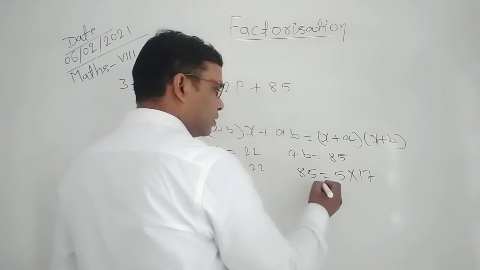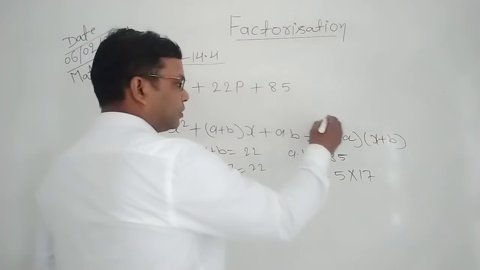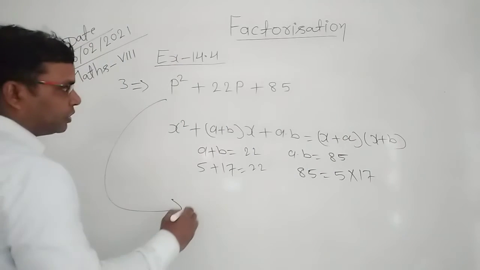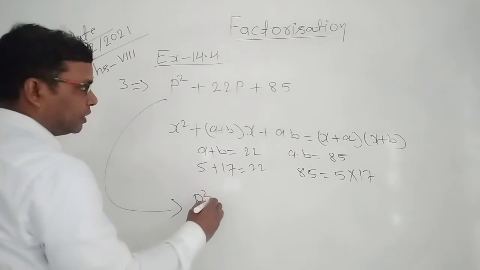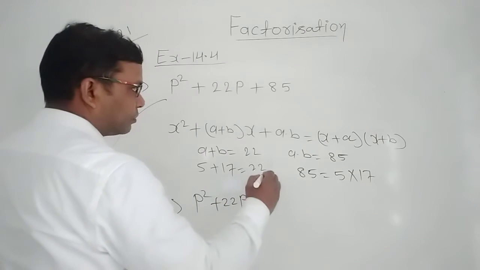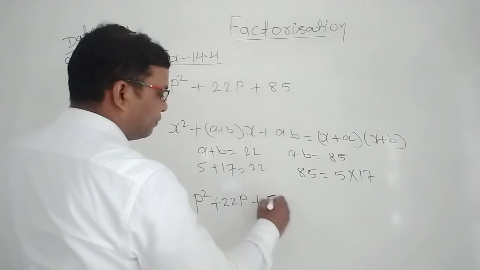It means that our answer becomes, you can use the direct method to find the factorization of p square plus 22p plus 85.